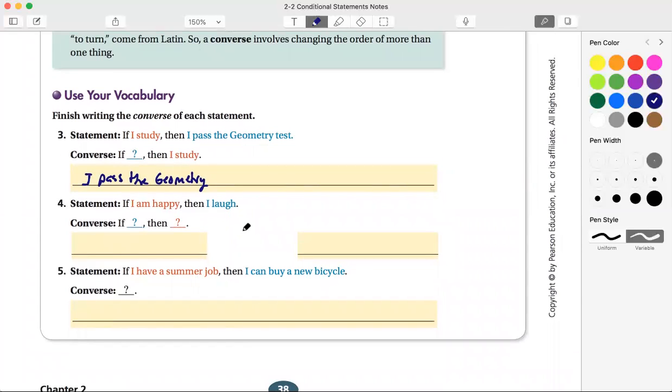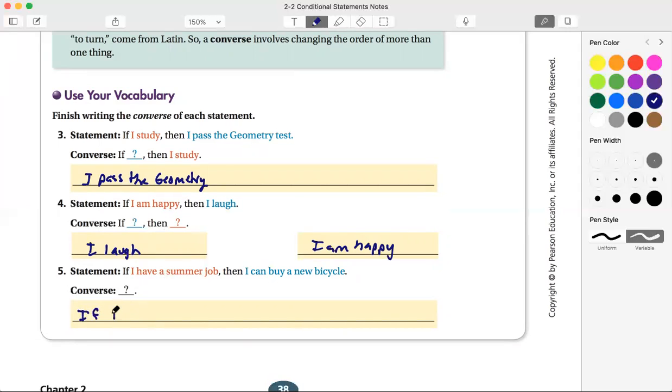Statement 4 here. If I am happy, then I laugh. So the converse is if I laugh, then I am happy. All right, 5. So if I have a summer job, then I can buy a new bicycle. So the converse, putting this all together, we would write the following.